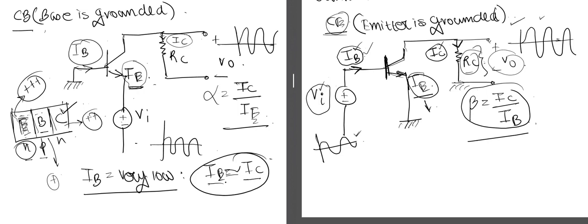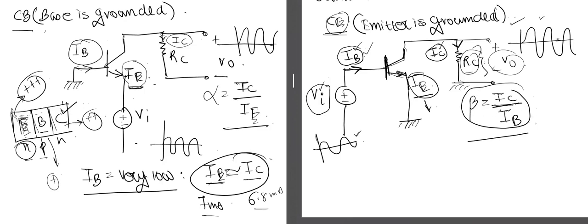So if we consider the emitter current to be around 7 milliampere, then the collector current will be about 6.8 or 6.9 milliampere. So they are almost equal. So what happens in the CE mode? The current amplification factor beta is equal to IC divided by IB.